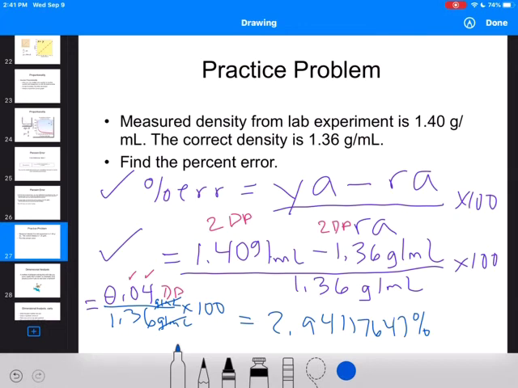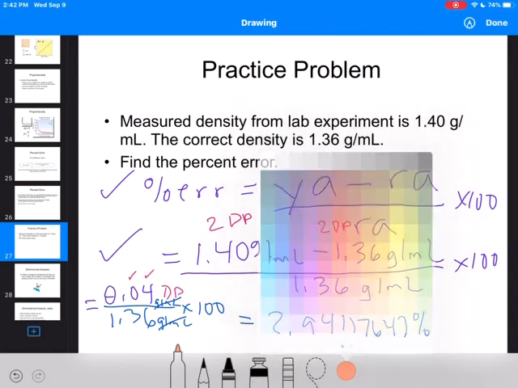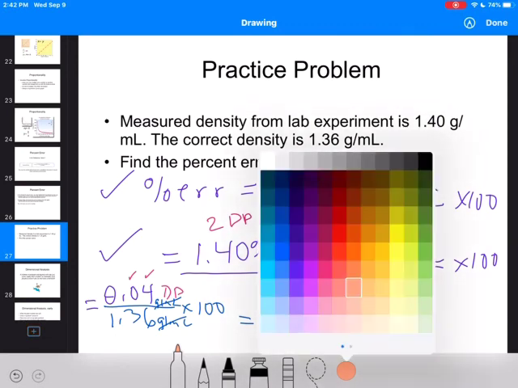So clearly my screen dump is not correct for the correct number of significant figures. Now that we divided, we have to examine our significant figures again. 0.04 has in it one decimal place. So yikes. It has two decimal places, but it has one significant figure.